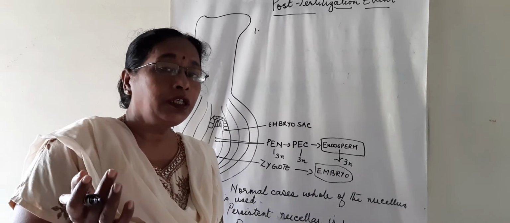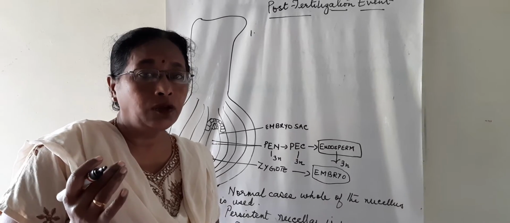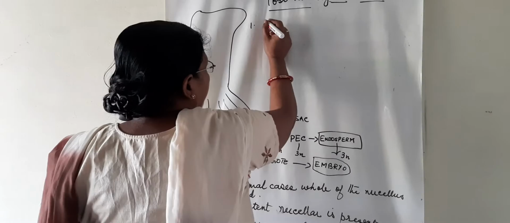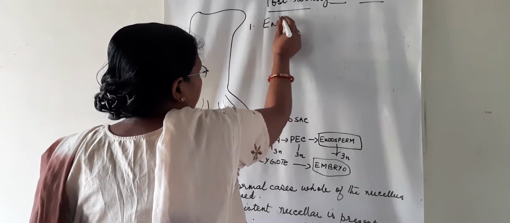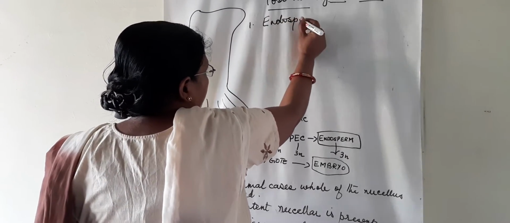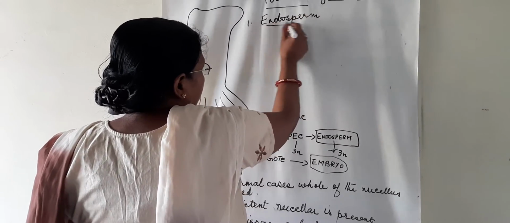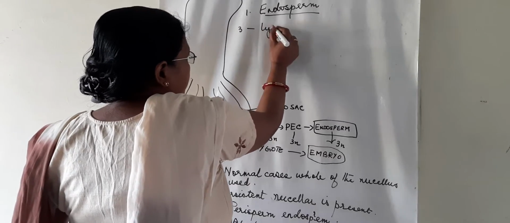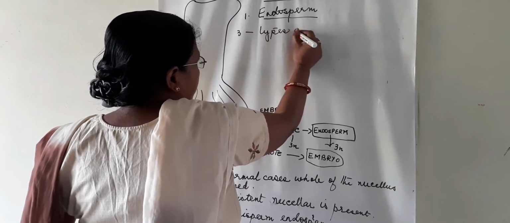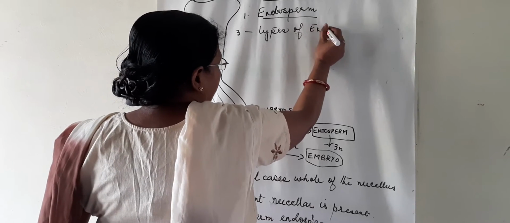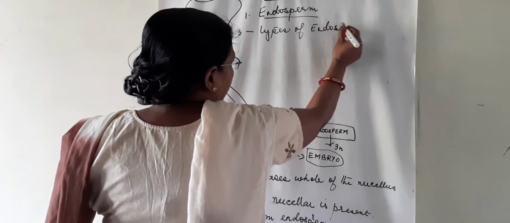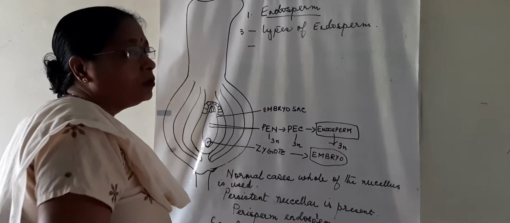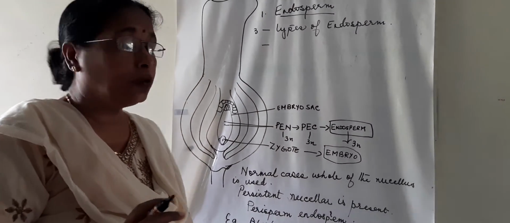Seeing the nature of the formation of endosperm, endosperm is of three types. The first type is known as the free nuclear type of endosperm.